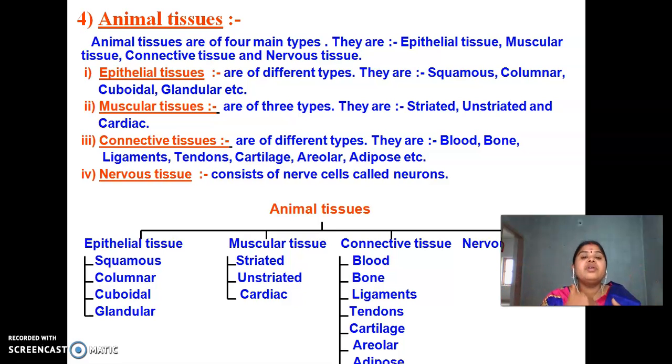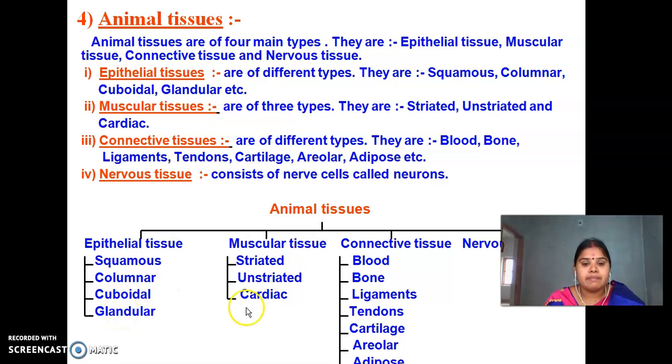Before we learn this animal tissue by heart, here there is a flow chart. Animal tissues, how many types? Four types: epithelial, muscular, connective, nervous. This epithelial is divided into four: SCCG, squamous, columnar, cuboidal, glandular.